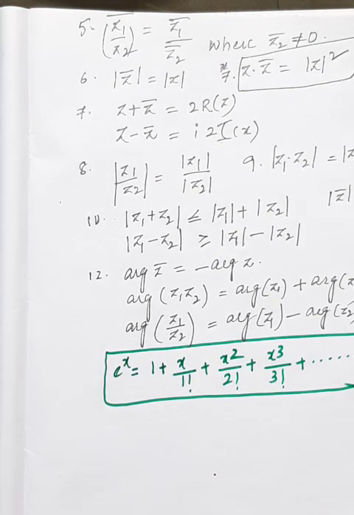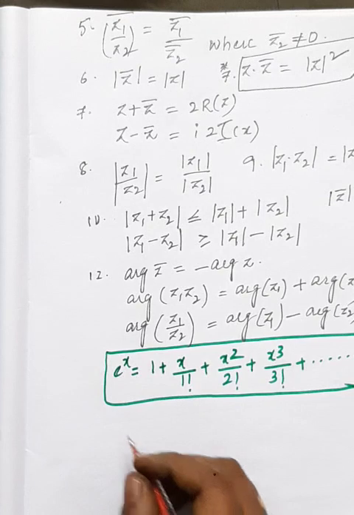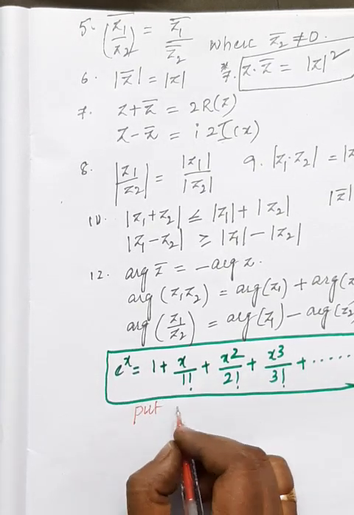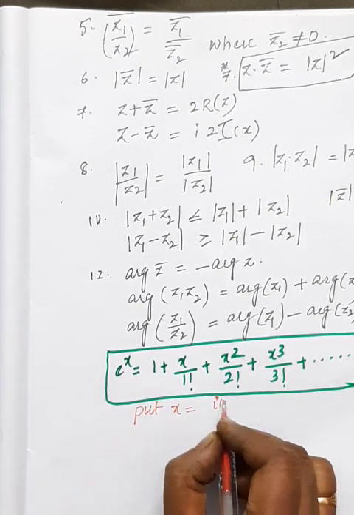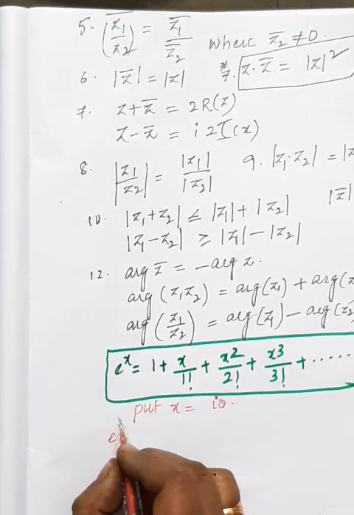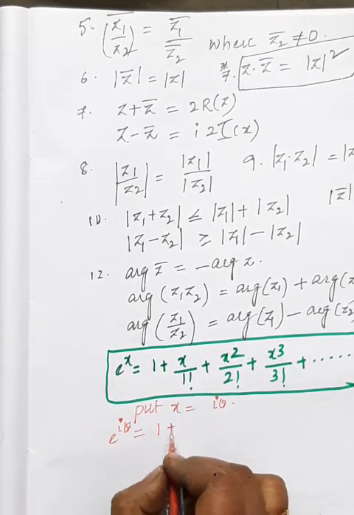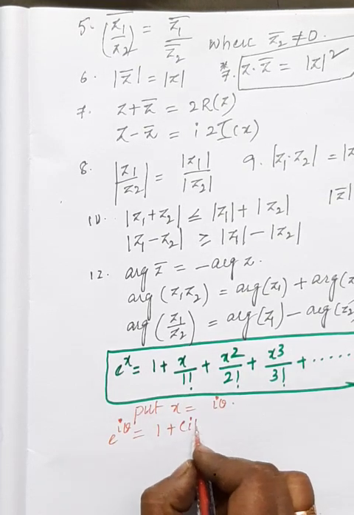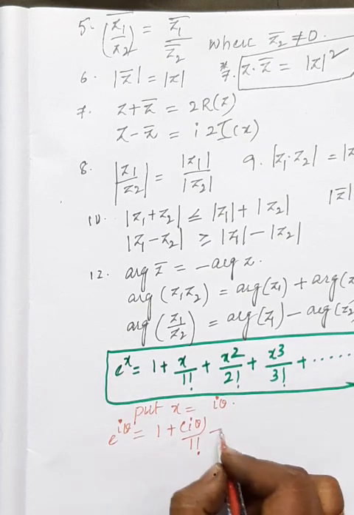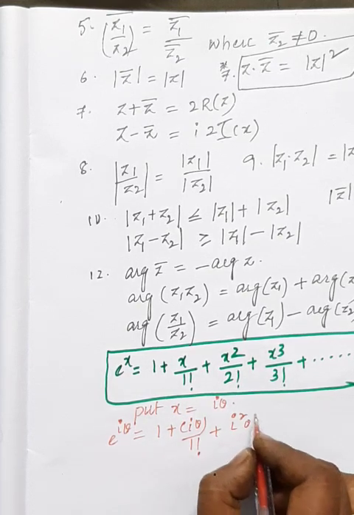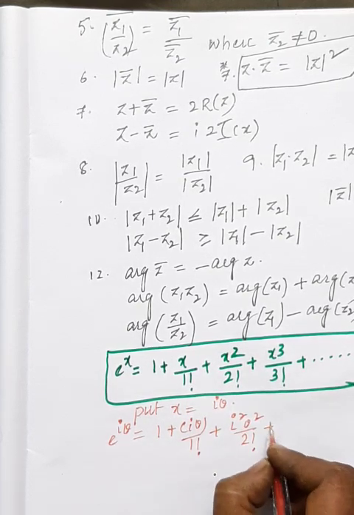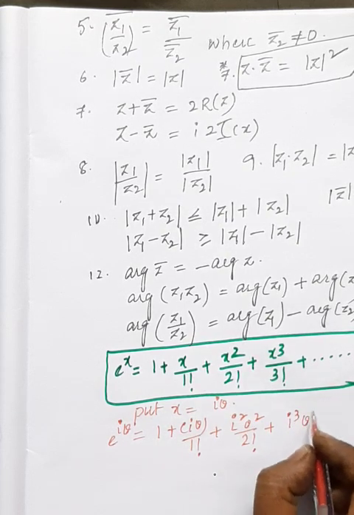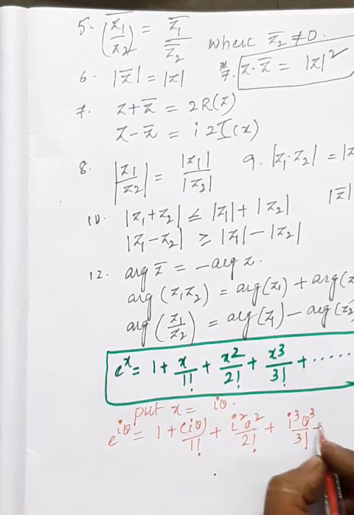So in this expansion, let us assume in place of x, put x equal to i into theta. Therefore e power i theta is equal to 1 plus, ఎక్కడ x ఉంటే అక్కడ i thetaని రీప్లేస్ చేయండి, i theta by 1 factorial plus i square theta square by 2 factorial plus i cube theta cube by 3 factorial plus so on.